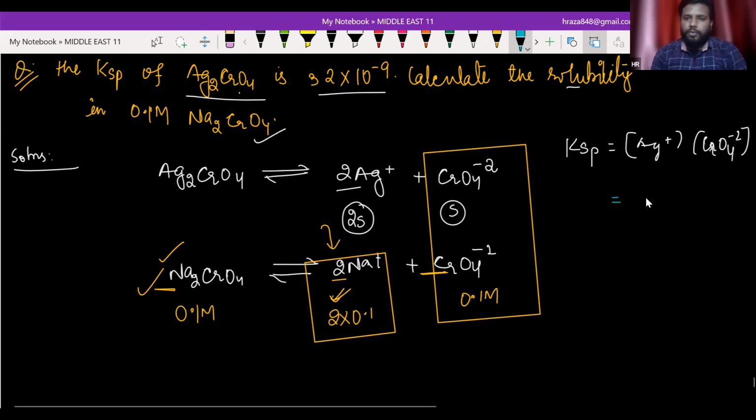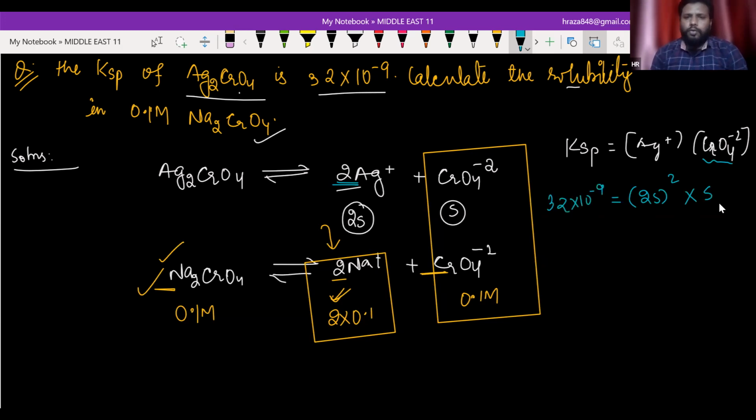Ag plus has a solubility 2s and it will have a square because it has a stoichiometric coefficient 2, into the solubility of CrO4 minus 2, that is s, and Ksp has a value 32 into 10 raised to the power minus 9.